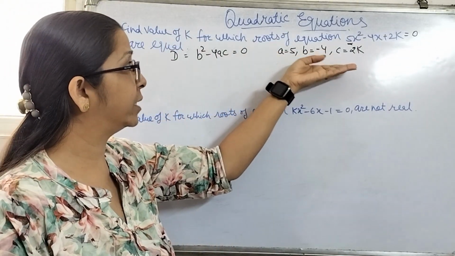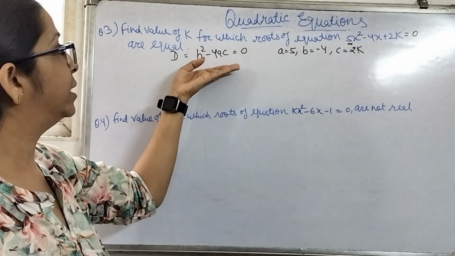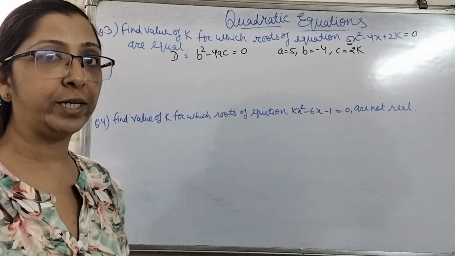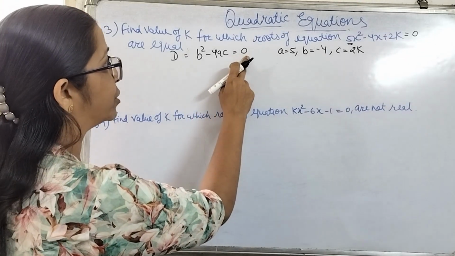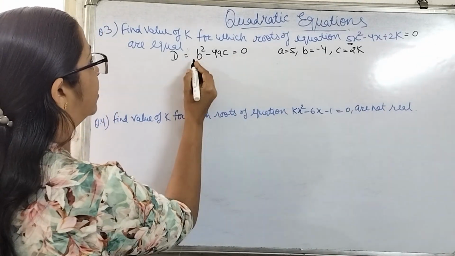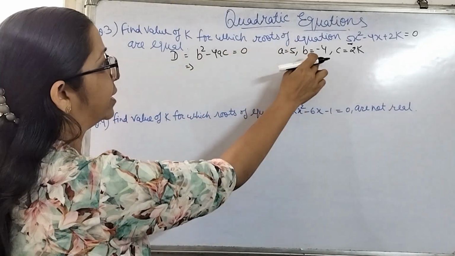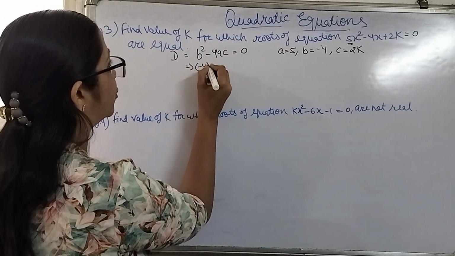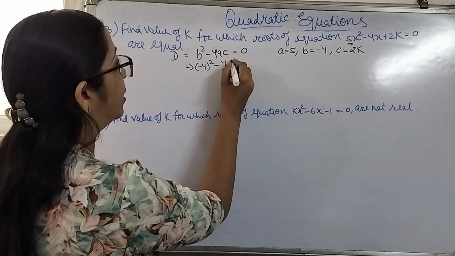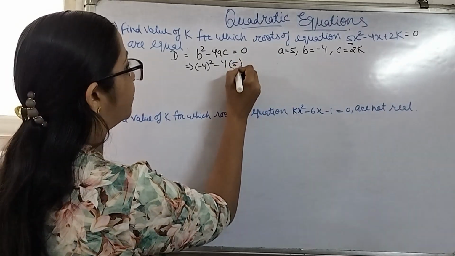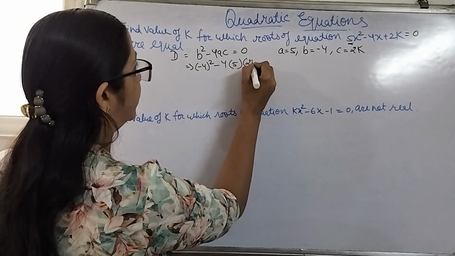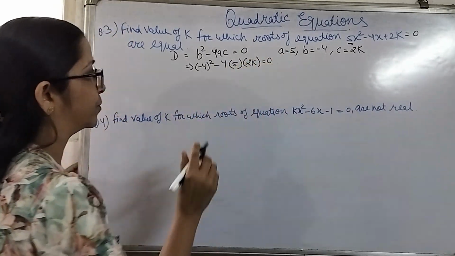Now we keep these values of a, b, c in b square minus 4ac and equate it to 0 for equal roots. So b is minus 4, so minus 4 square minus 4, value of a is 5, c is 2k, equal to 0.